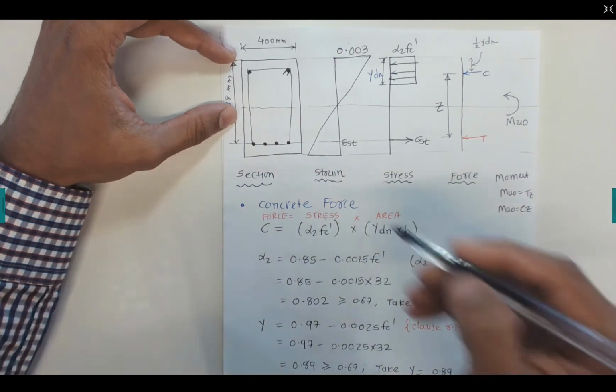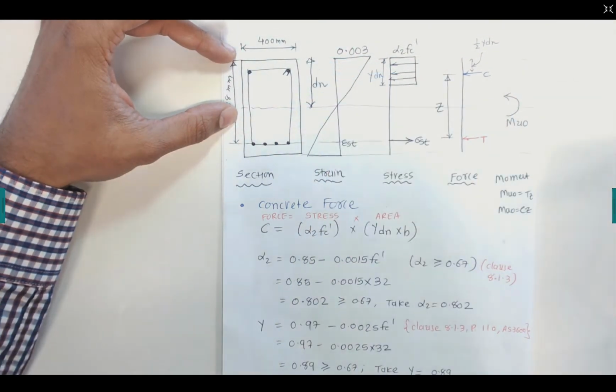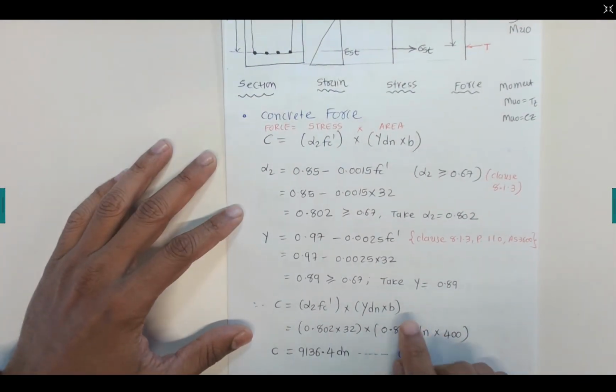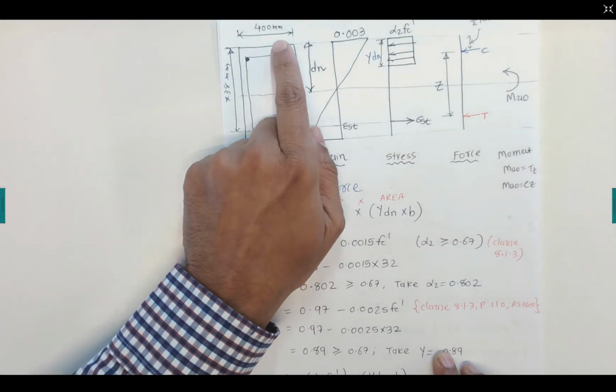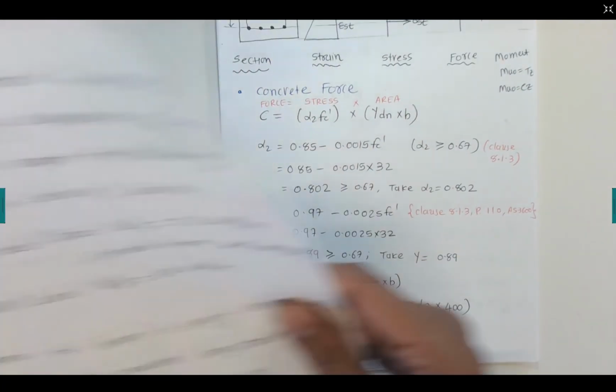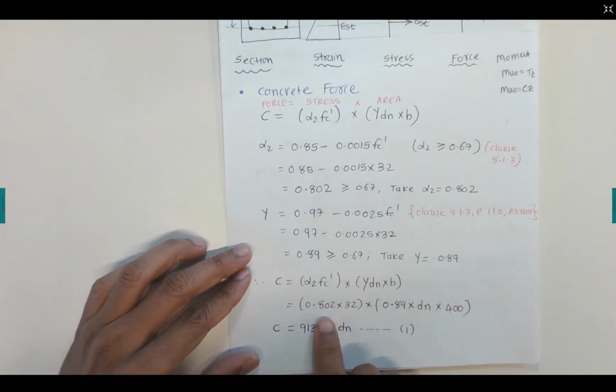Then dn times the width of the beam, which is 400 millimeters, given again at the start of the question. That simplification gives 9136.4 dn, and we call this equation 1.